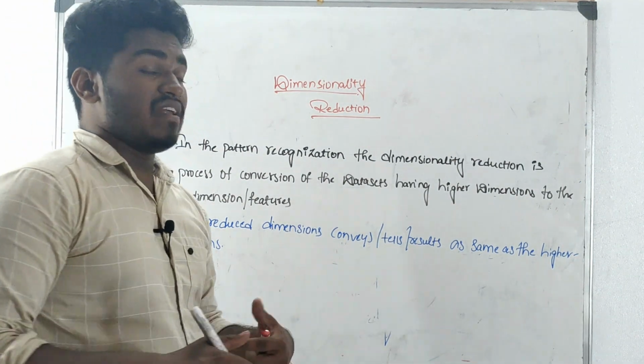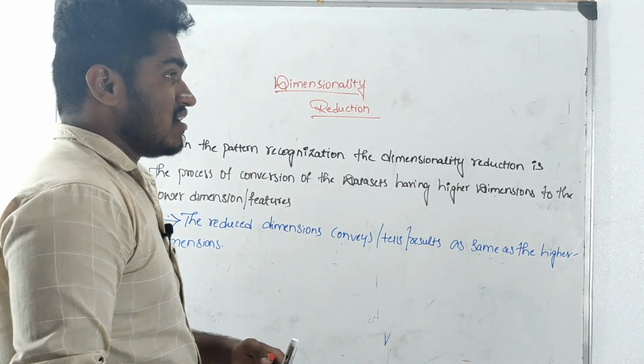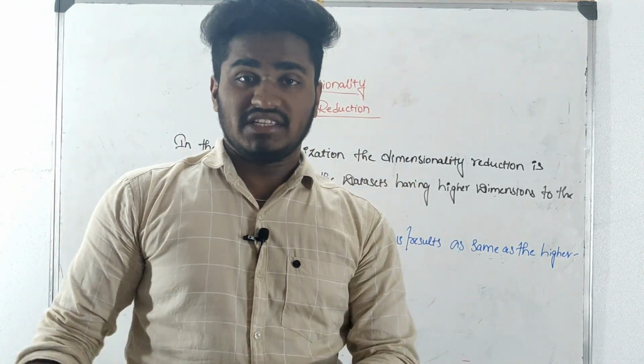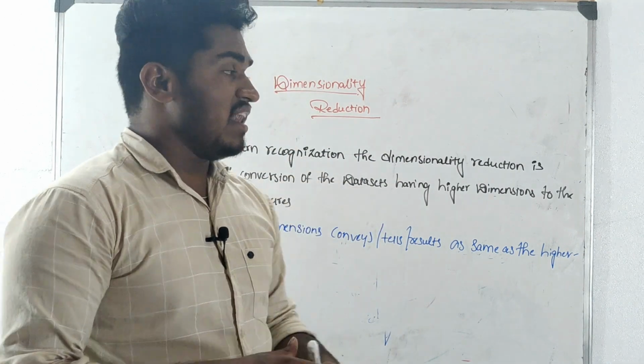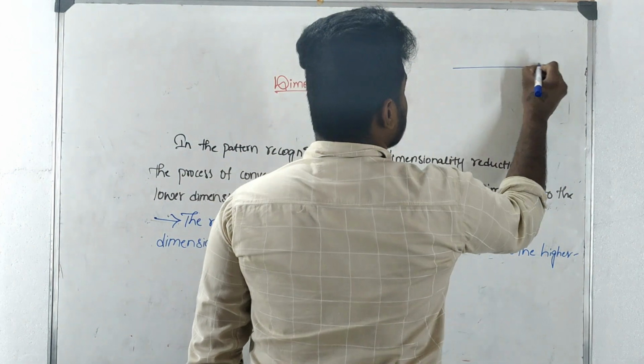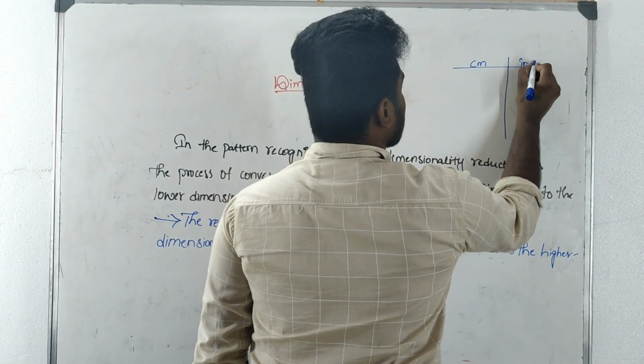Now we will try to understand this by using an example. Assume that we are going to convert centimeters into inches. Let me take the data set of centimeters and inches.